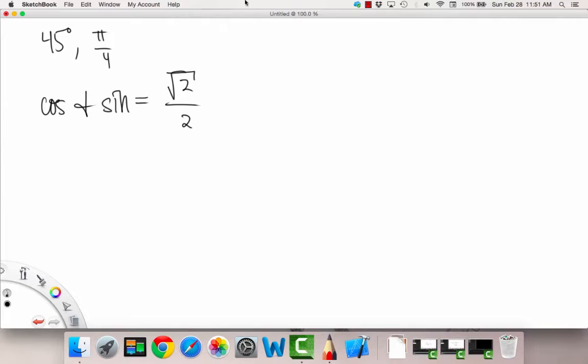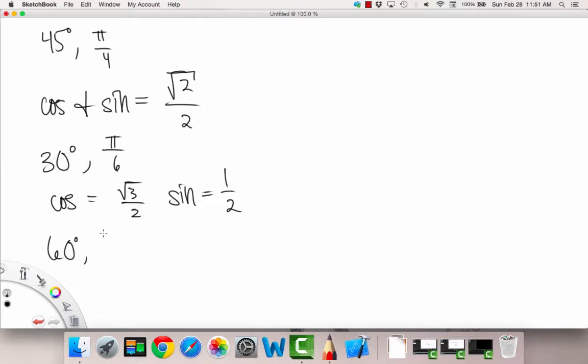If we're at 30 degrees, which is also pi over 6, then our cosine is equal to radical 3 over 2, and sine is equal to 1/2. If we're at 60 degrees, then we're at pi over 3, our cosine is now equal to 1/2. So they kind of switch, and sine is equal to radical 3 over 2.